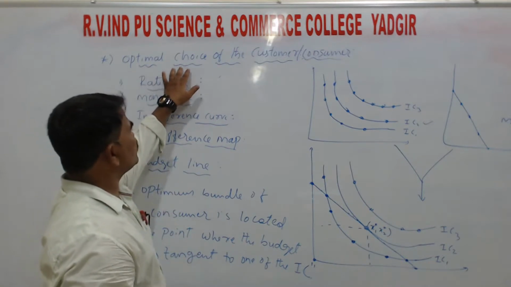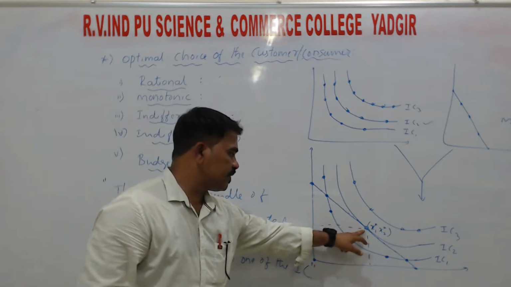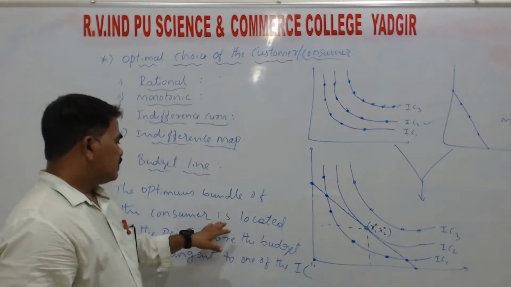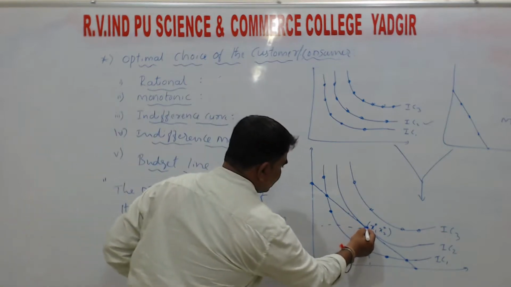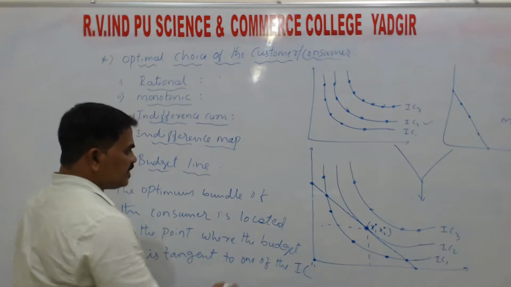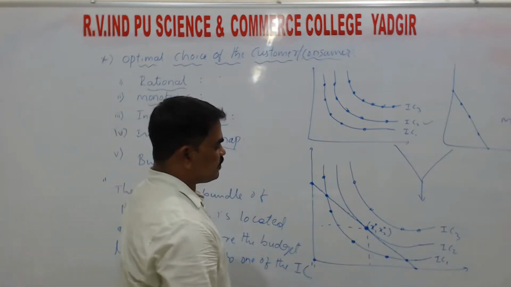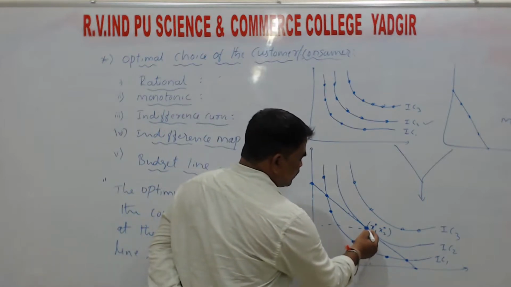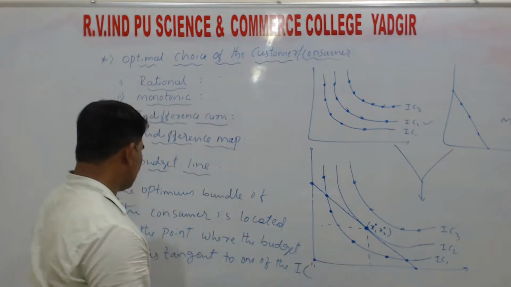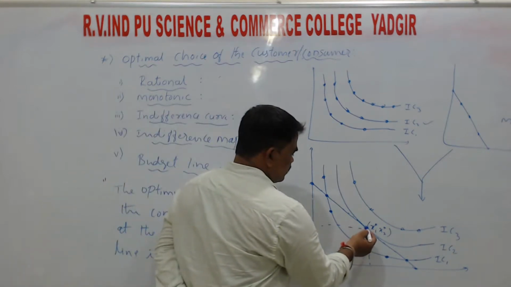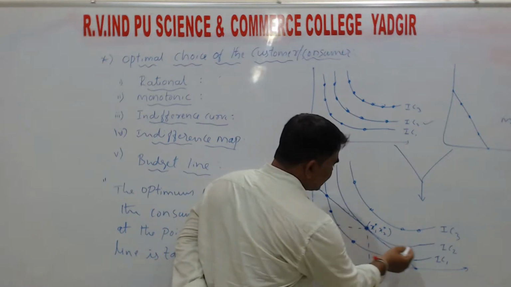What is his optimal choice? Which is his optimal bundle? This is his optimal bundle because it is located at the point where the budget line is tangent to one of the IC curves.